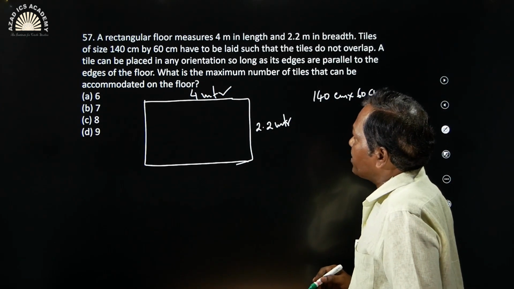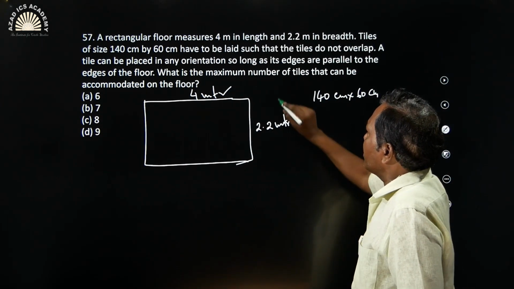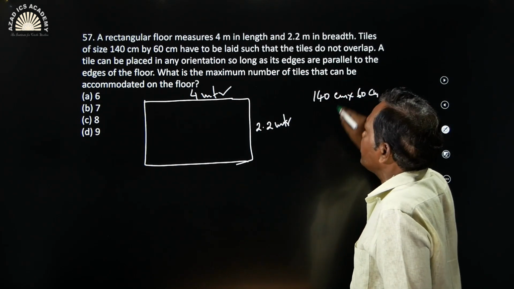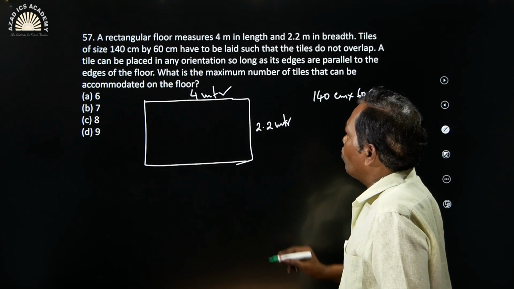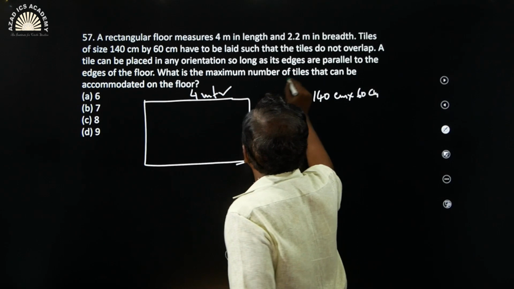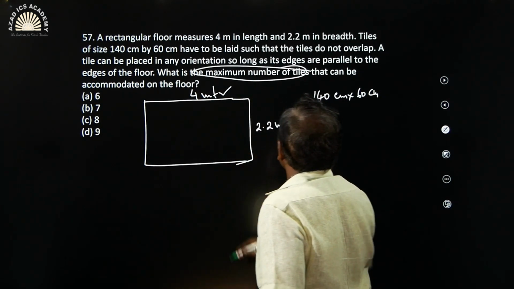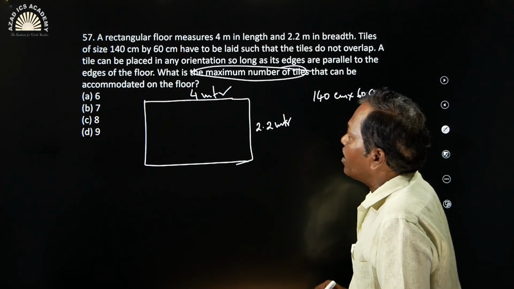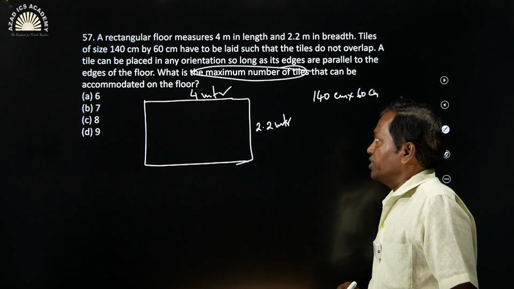A tile can be placed in any orientation so long as its edges are parallel to the edges of the floor. What is the maximum number of tiles that can be accommodated on the floor? This is the question, I think.